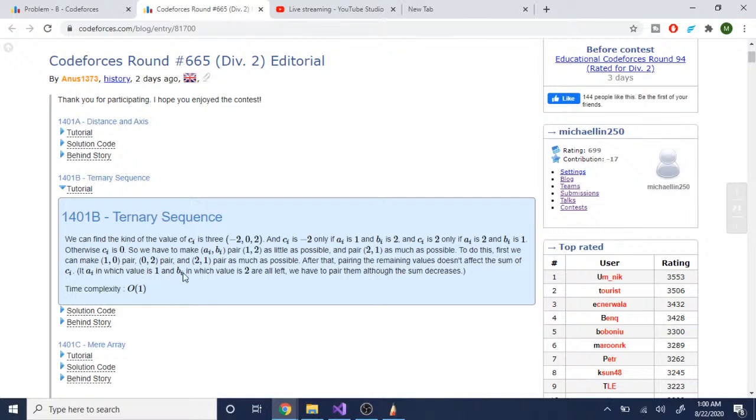That's what I was doing. First, make 1 and 0 a pair. Why? Wait, first make 1, 0 a pair, because that gets rid of the 1s.